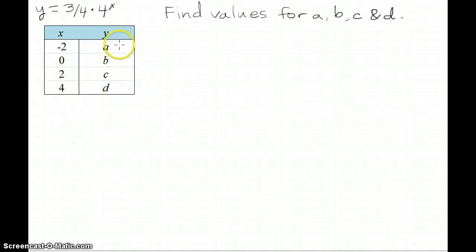To find the value for a, that's the same thing as asking ourselves, what does y equal when x is -2 in this table? So that means we're just going to take -2 here and plug it in for our little x.